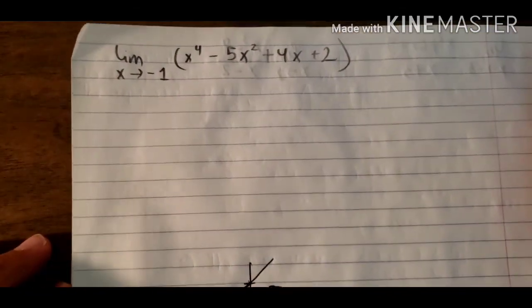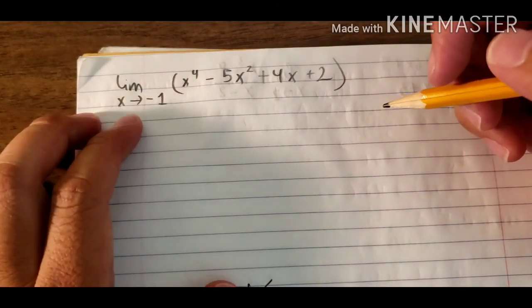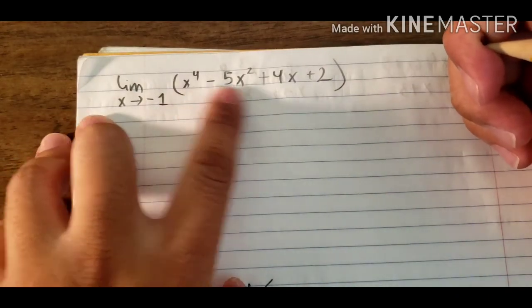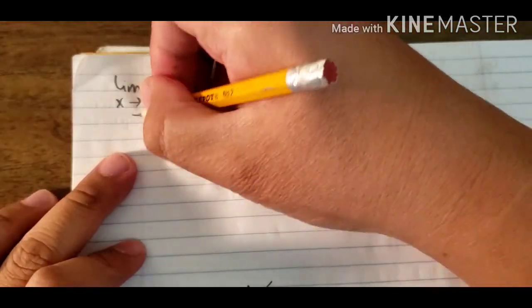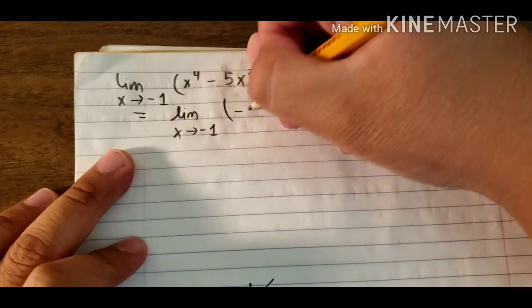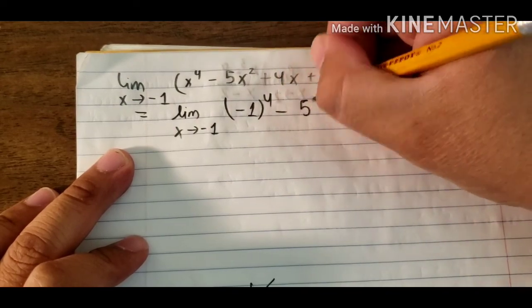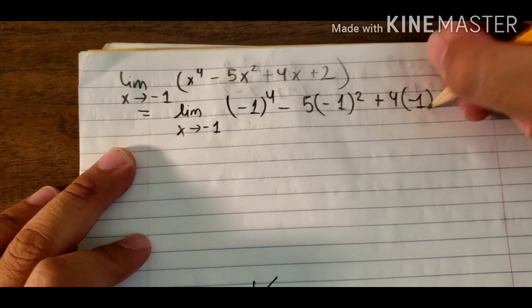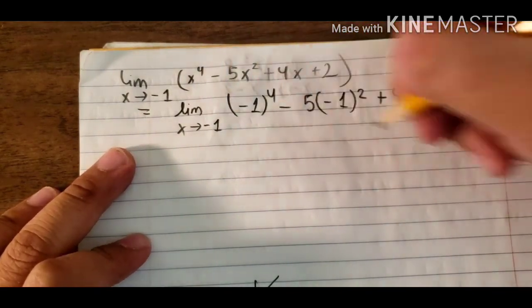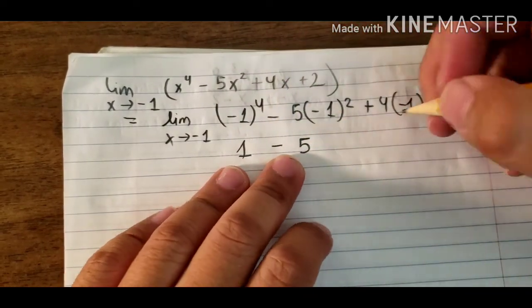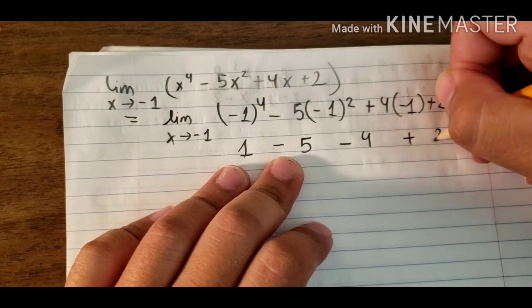The next one, we have the limit with s approaching -1 with the function like this. In here, we just put the number in the function, and we got -5. So we just input the number, and we got 1, -5, -4, plus 2.